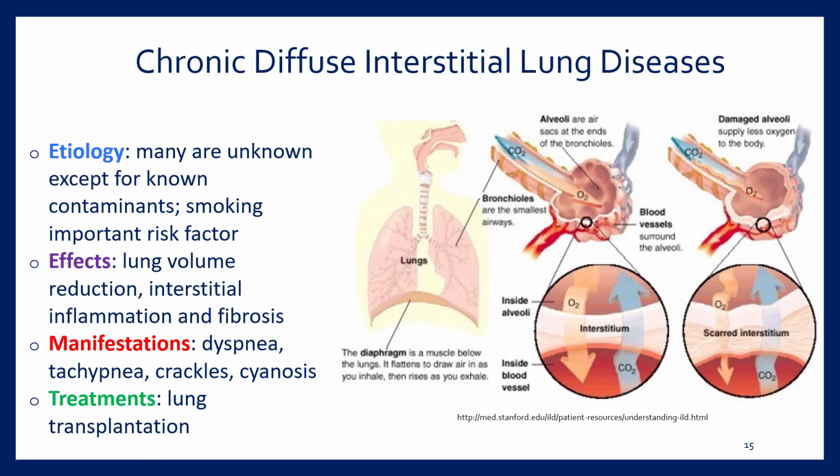In ILDs, that interstitium becomes inflamed, thickened, fibrotic, and scarred, which drastically increases diffusion distance for oxygen. Gas exchange normally happens across tissue as thin as plastic wrap. Interstitial lung disease turns that plastic wrap into a winter coat.